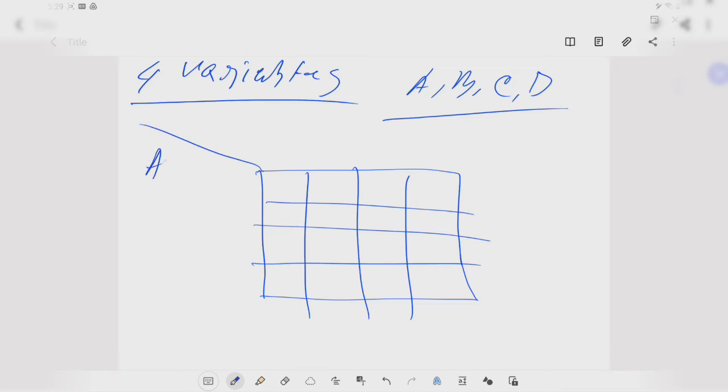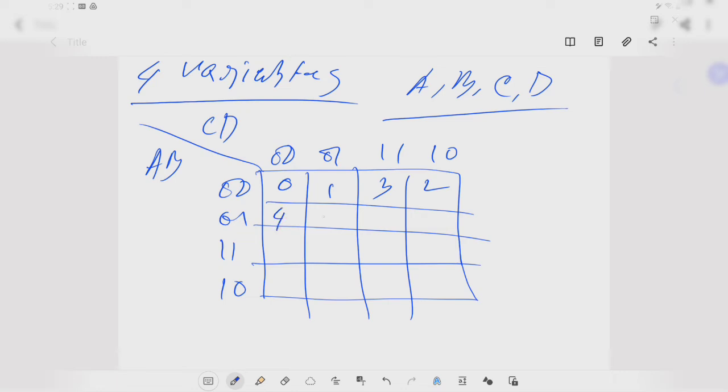On one side we have AB, and on the other side we have CD: 00 01 11 10 and 00 01 11 10. So the first minterm 0, 1, then 2 3 4 5 6 7, 8 9 10 11, 12 13 14 15: 16 minterms.